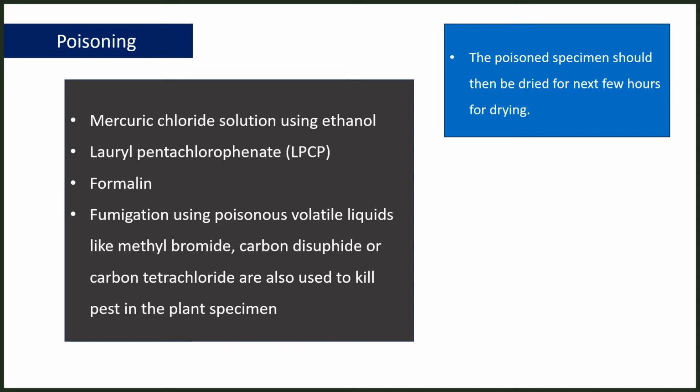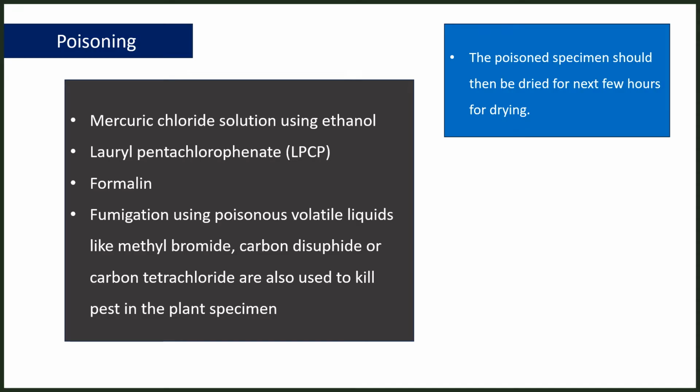You can use lauryl pentachlorophenate or the LPCP. Then there is formalin in different concentrations or ratios. And there is a way of fumigating with poisonous volatile liquids like methyl bromide, carbon disulfide, carbon tetrachloride. These are ways to fumigate the plant or the surrounding environment.